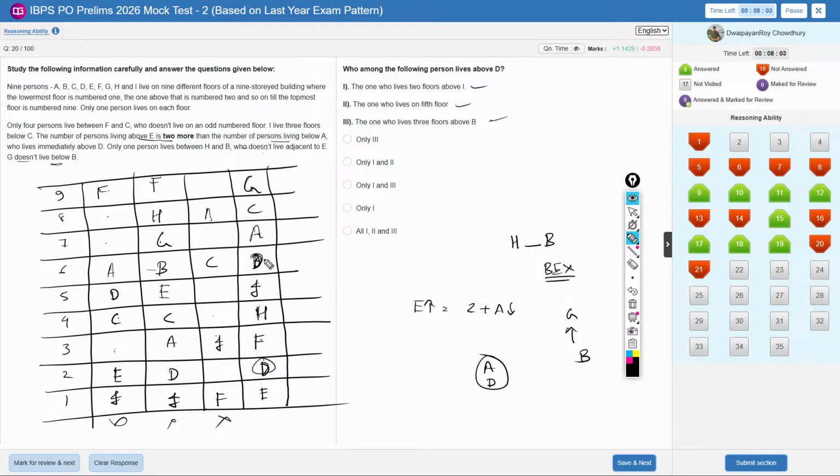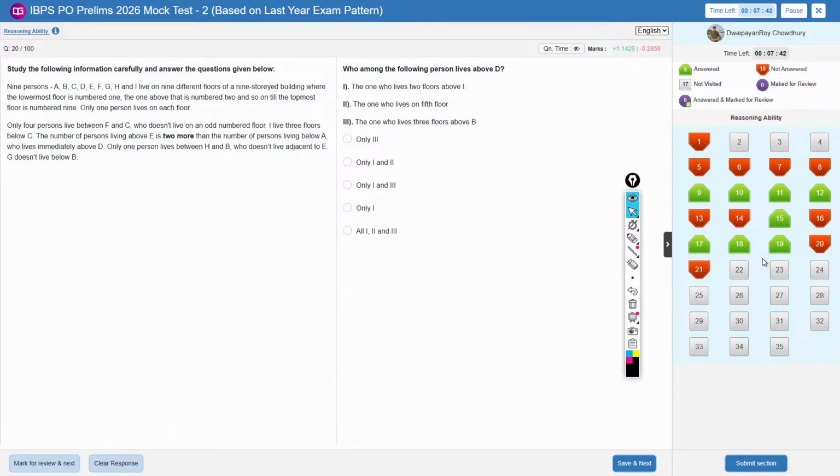Shall I skip it? Immediately above B. E 1, 2. Okay, I will skip this one.